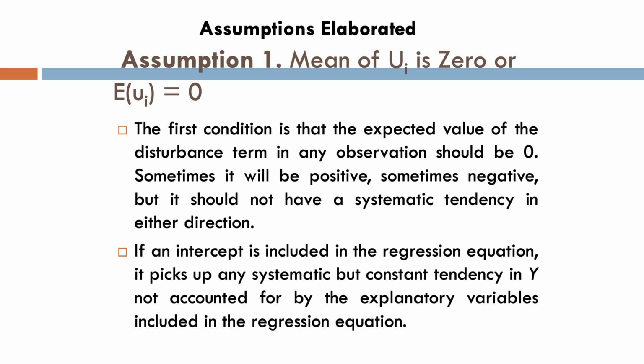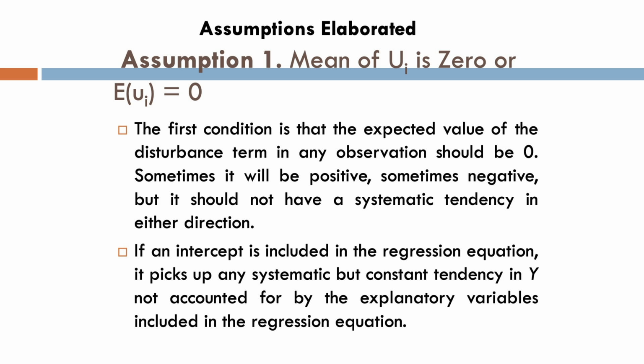Assumption 1, mean of u_i is 0, or the expectation of u_i is equal to 0. The first condition is that the expected value of the disturbance term in any observation should be 0. Sometimes u_i will be positive, sometimes negative, but it should not have a systematic tendency in either direction.